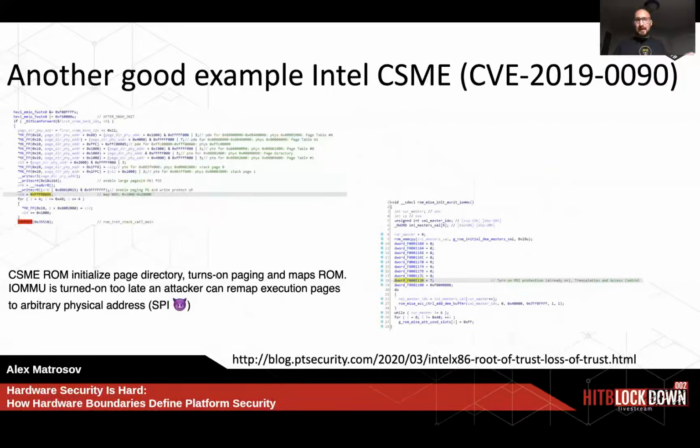What happens is that IOMMU DMA protection is turned on too late, and an attacker has the opportunity to remap execution pages to an arbitrary physical address, for example to SPI flash. That's it, right? And there are still a lot of these devices in the field, unpatched.